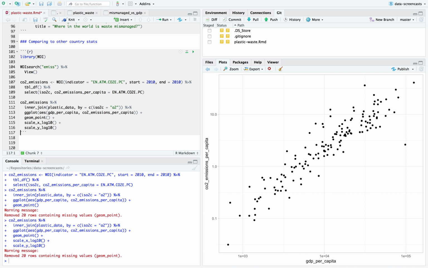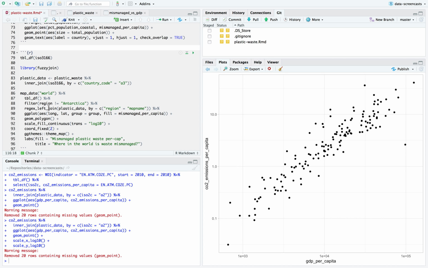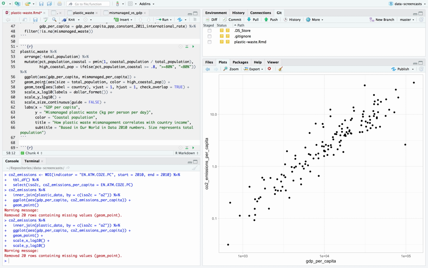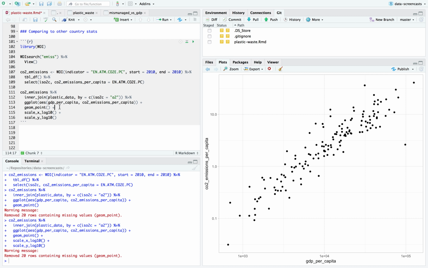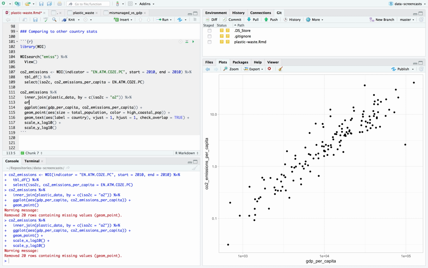All right. So what this shows is that CO2 emissions per capita, that type of pollution, is highly correlated with a country's income. If we threw in a little more of one of these graphs, if I said geom_text, and throw in that population thing we were doing before, and do an arrange by descending total population.